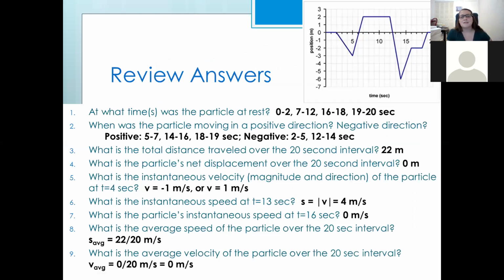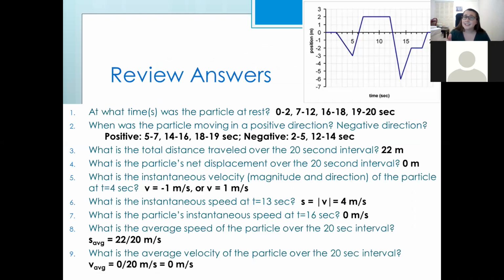What is the total distance traveled over the 20-second time interval? So we just add up all of the differences in the positions. From 0 to 2, our position doesn't change, so there's 0 there. And then it goes down from 0 to -3, so that's 3 meters that it traveled.